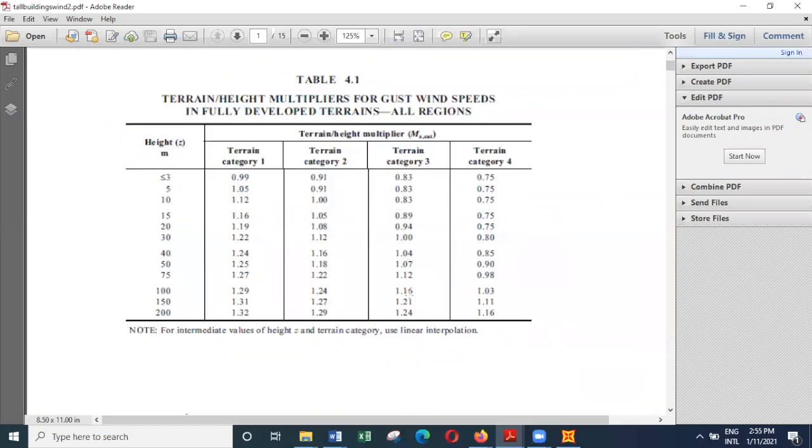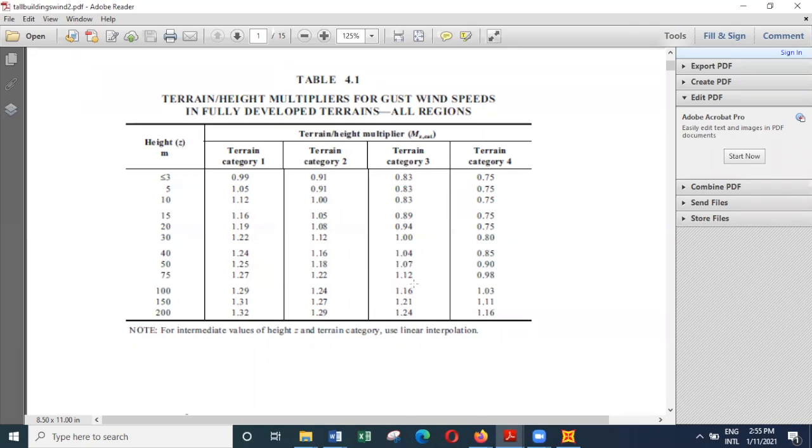It varies to a certain extent here, but the effect of the wind forces acting in the lower part of the building is very small, because we are considering a bending moment. So any inaccuracy here will not have much effect, and here it's not varying much.